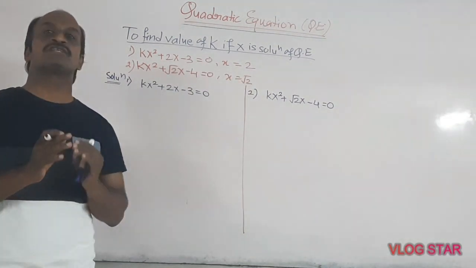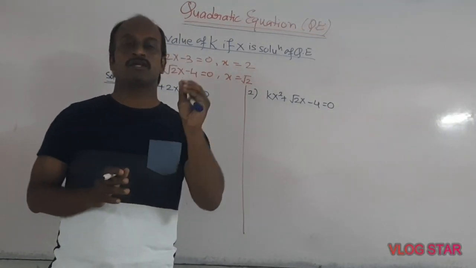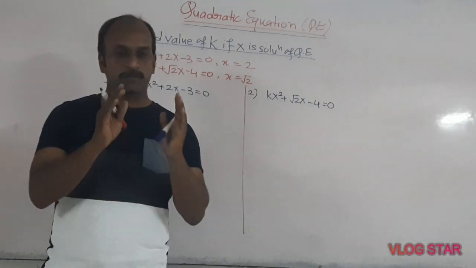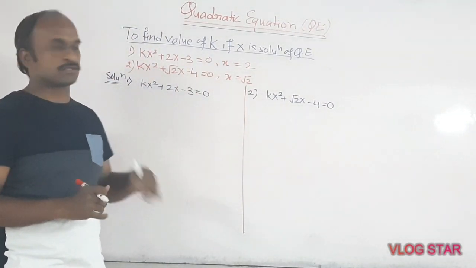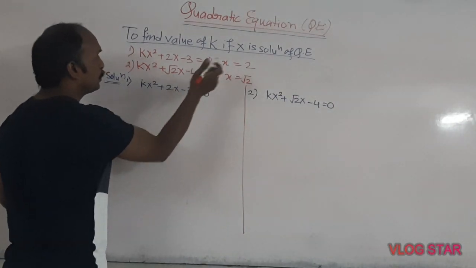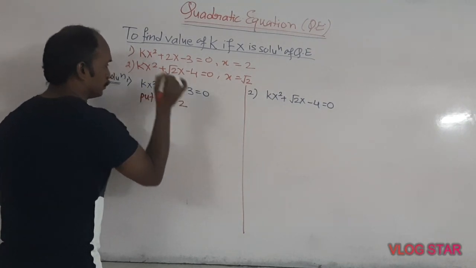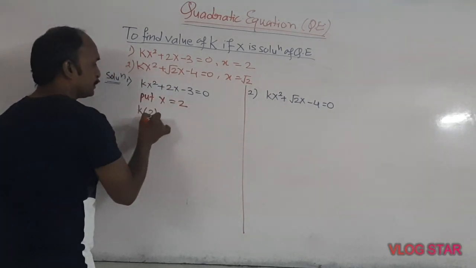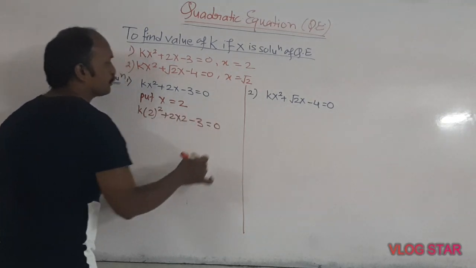And if the value of x is 2, that means the given value of x will satisfy the given equation. Satisfy means what? If you put the value of x, you must get answer 0. So let's find out. The equation is kx square plus 2x minus 3. We are substituting x is equal to 2. So we get k 2 square plus 2 into 2 minus 3 is equal to 0.